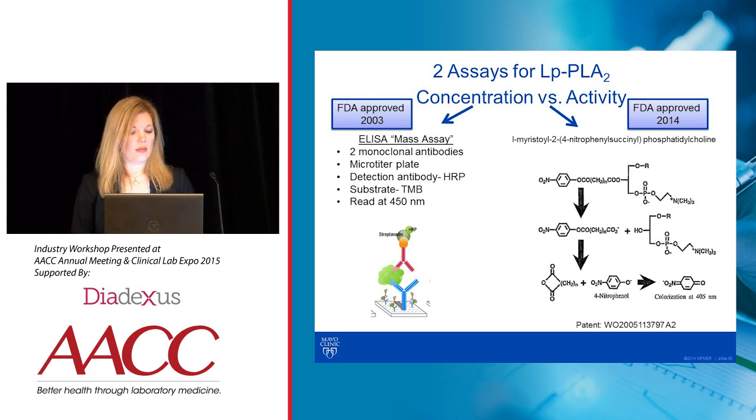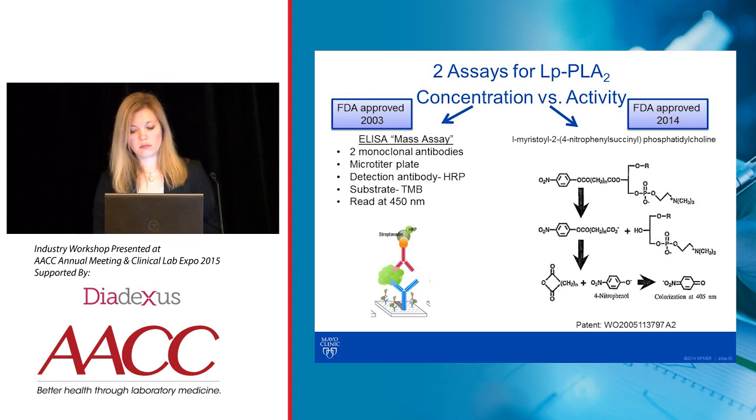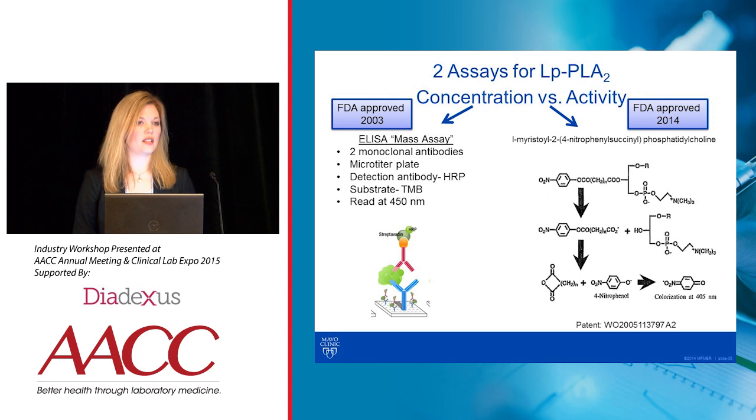Now the new activity assay measures the enzyme activity using a substrate for that enzyme. In this case, a derivatized phosphatidylcholine that, when it's cleaved, produces a colored product at the end that can be measured, and so we measure the rate of that enzymatic reaction by monitoring the production of the color after the cleavage.